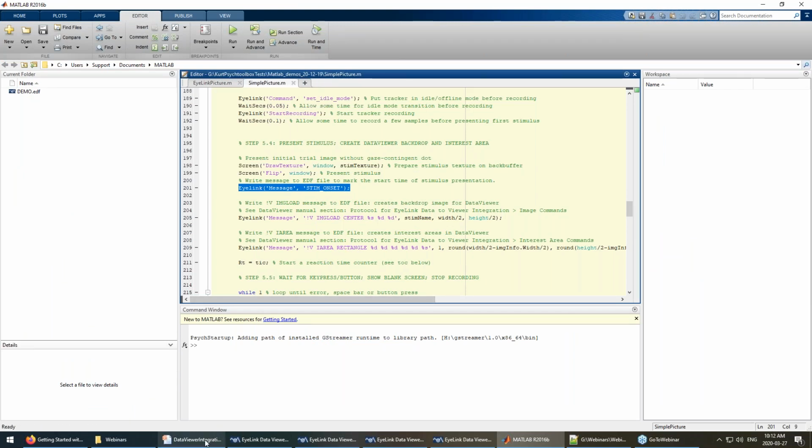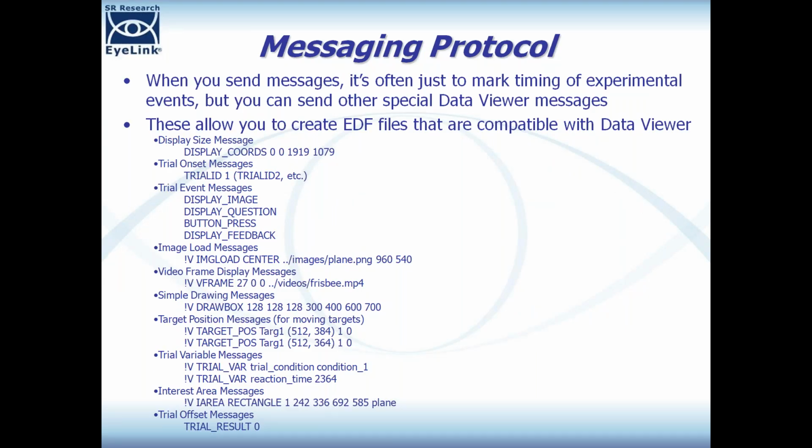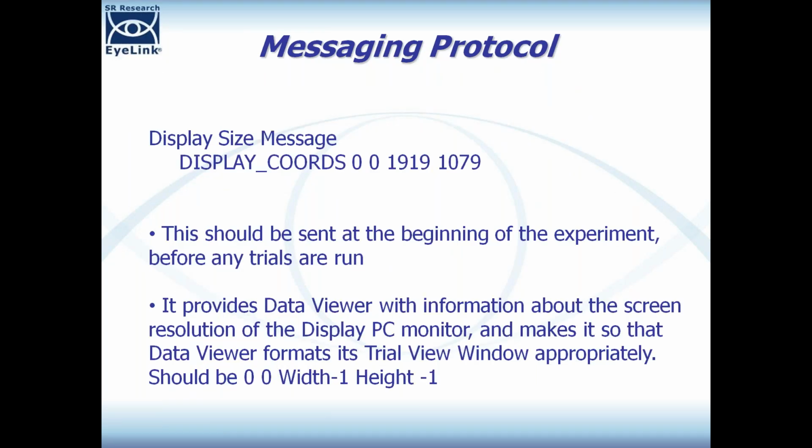Okay, so let's dive into these in a little more detail now, and let's start at the beginning. At the very beginning of your experimental script, you want to convey to Data Viewer the resolution of your display PC monitor. By display PC, I mean the computer that's presenting the stimuli to the participant.